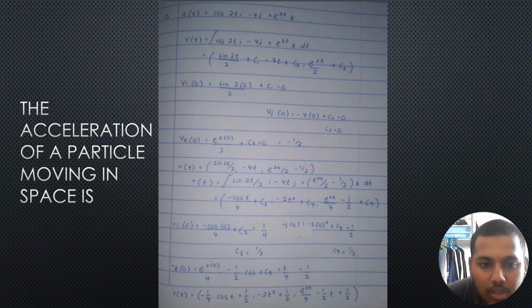After that, we need to include it into the velocity. After that, we do it, we get this value. After that, we need to do some integration from this value, so we get this answer. And also for that question, we need to find i, j, and k.